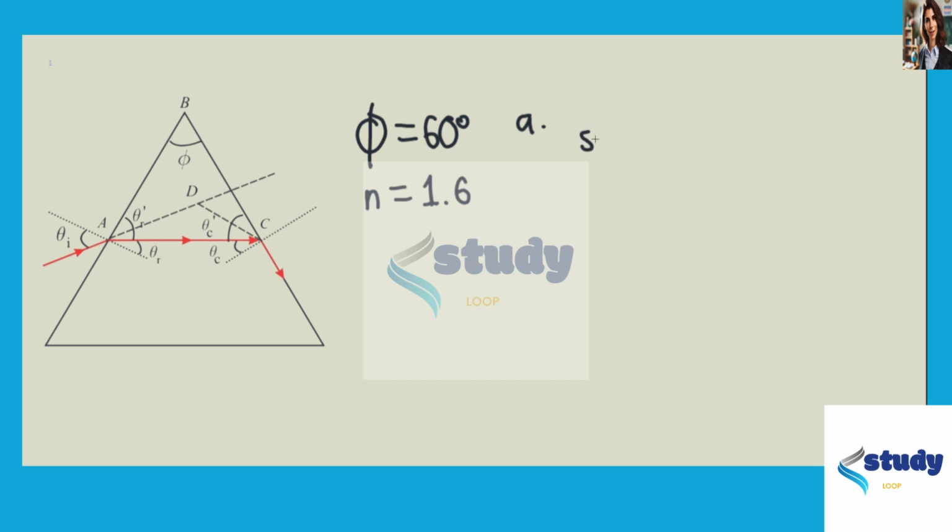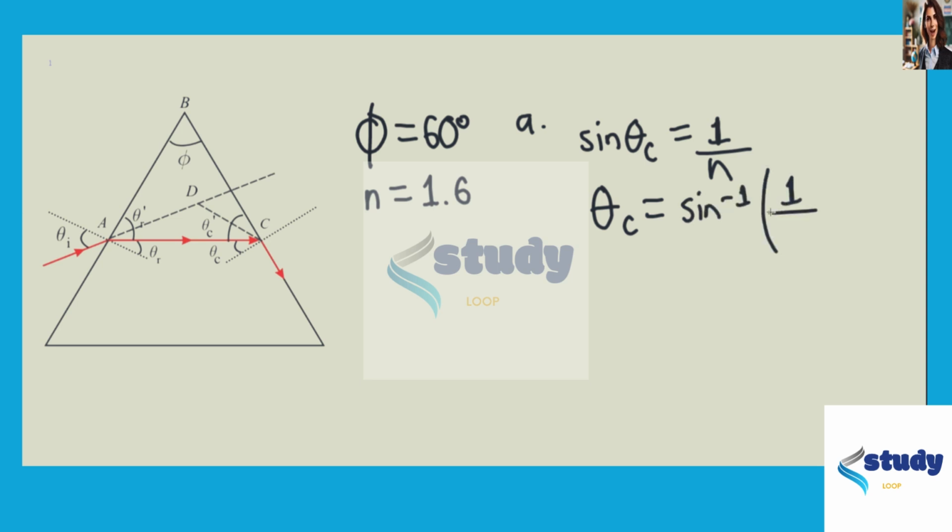We can say sine of the critical angle would be equal to 1 over n, and so the critical angle theta sub C would be equal to arcsine of 1 over 1.6, the refractive index of the prism itself. We find that the critical angle is 38.68 degrees.